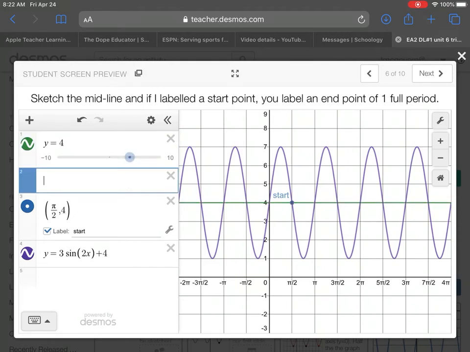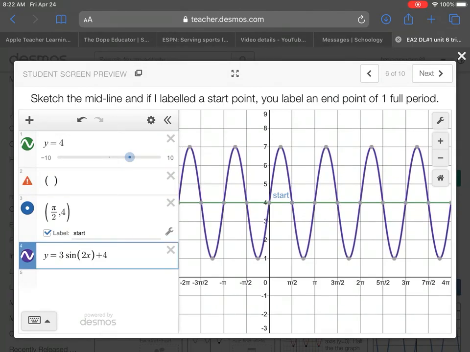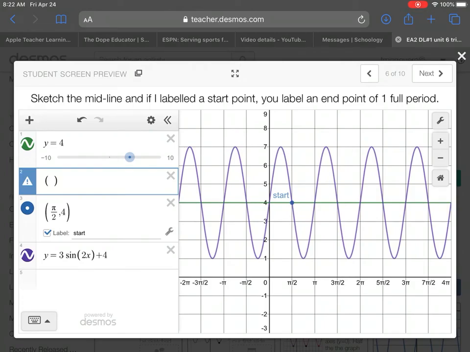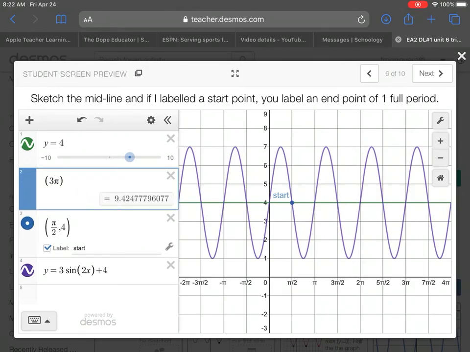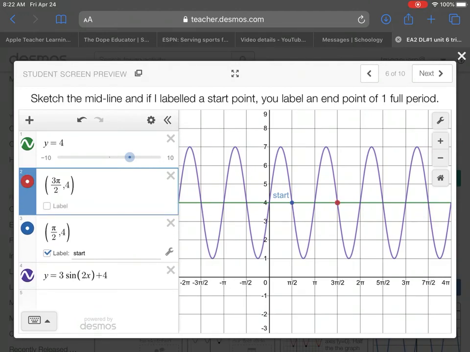But here it wants to know, if I started at that blue dot, where do I go until the period is complete? So it looks like the purple from the start goes down, goes back to the midline, goes up, and then finally back to the midline. So it looks like at (3 pi over 2, 4), let's see, yes.